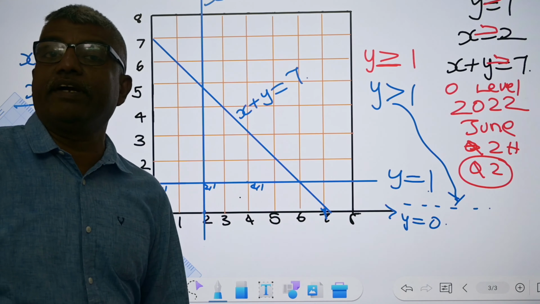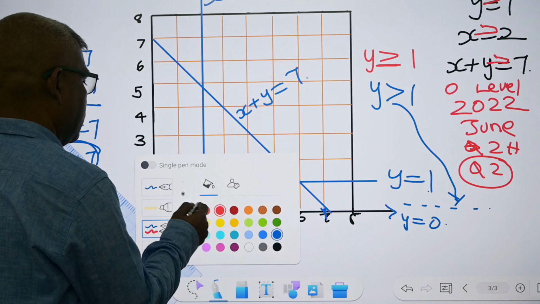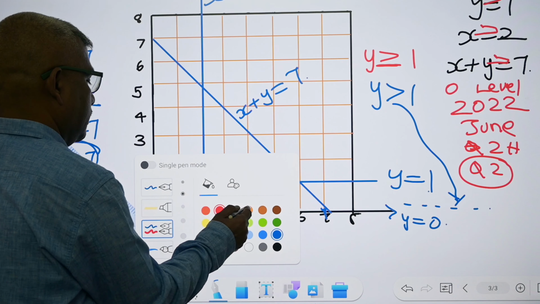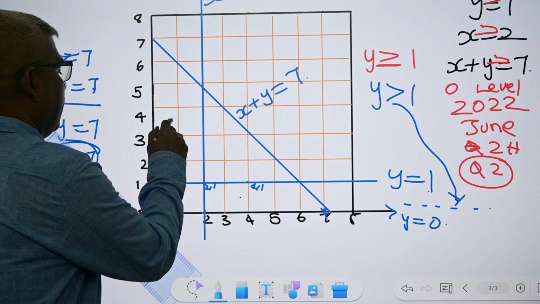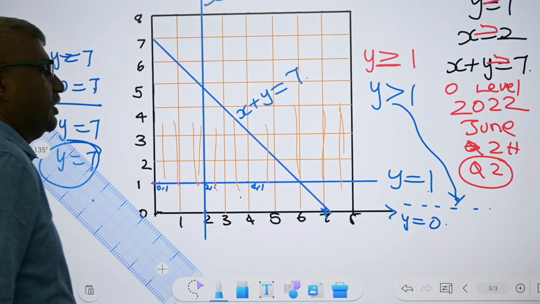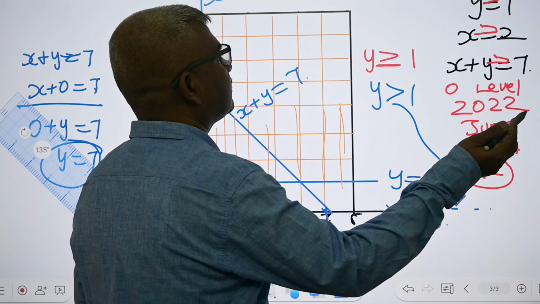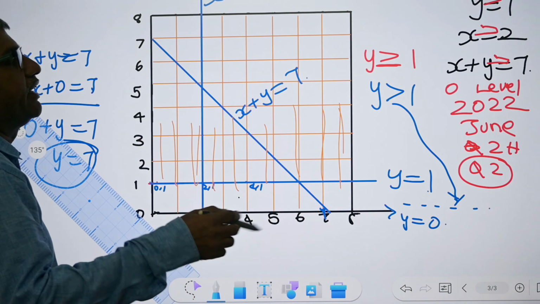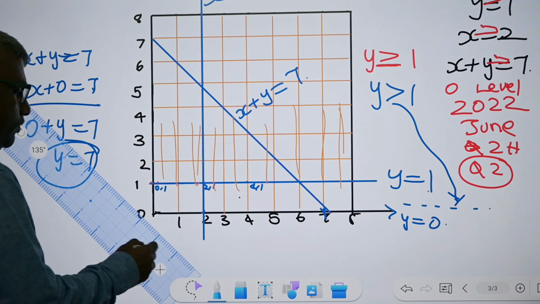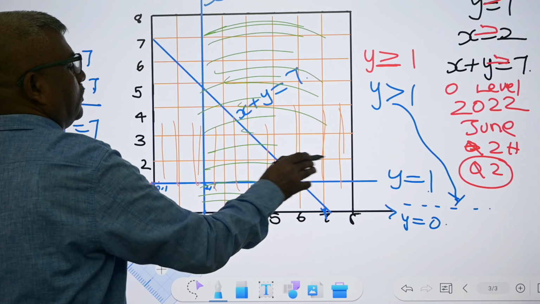Now what they are asking, y is greater than or equal to 1. Y is greater than or equal to 1 means this area, all are y greater than or equal to 1. Then what they are telling, x is greater than or equal to 2. This area all are x greater than or equal to 2.